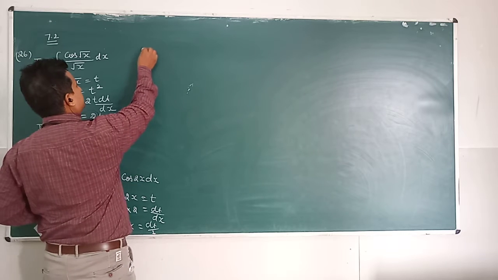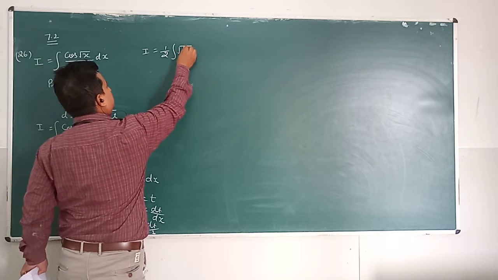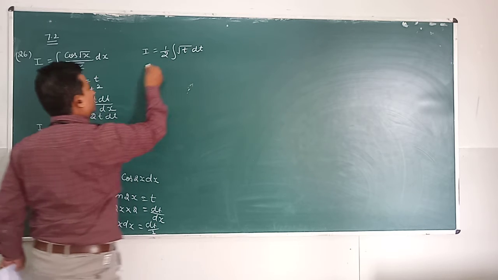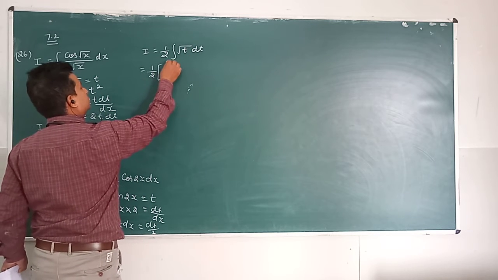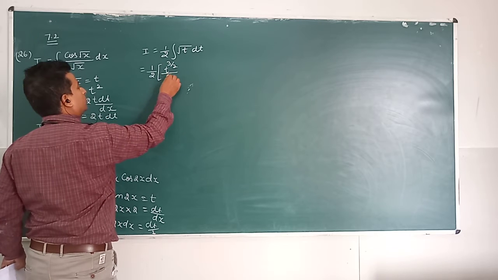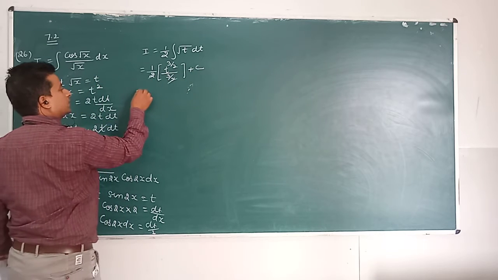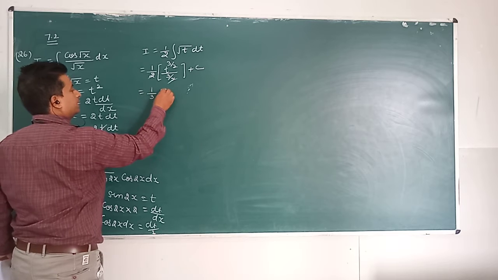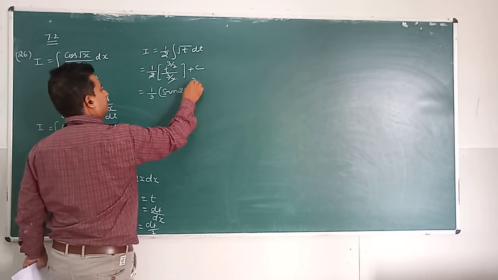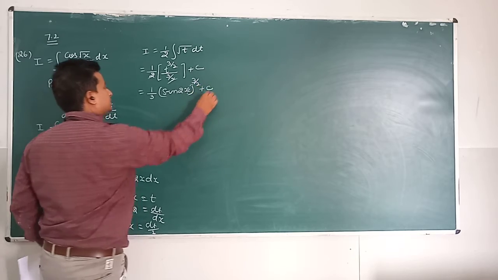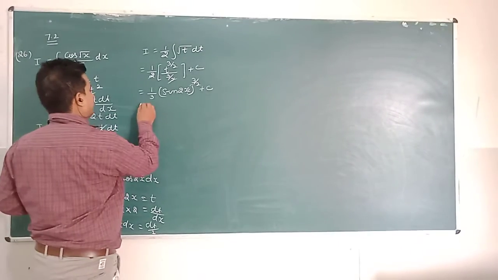So I is equal to 1 upon 2 times square root of t dt. We use the power rule, which gives 3 upon 2, plus c. The 2 cancels out. So the integral is sin 2x whole power 3 upon 2. This is the answer of question number 27.